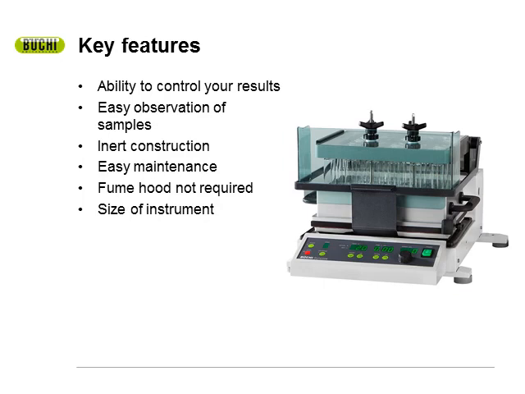So I went over a lot of key features of the Syncore so far, but I want to go over a couple more that I really find important. The number one is the ability to control your results. What I mean by this is that after your evaporation process, usually you're taking that to an analytical analysis, whether it be GCMS or LCMS.